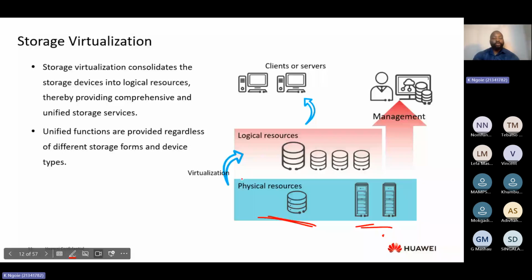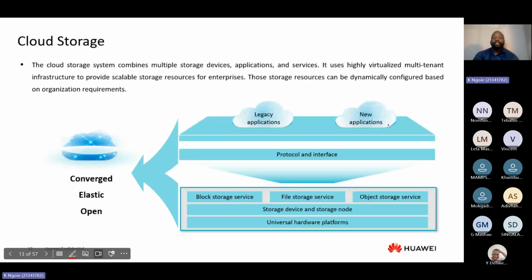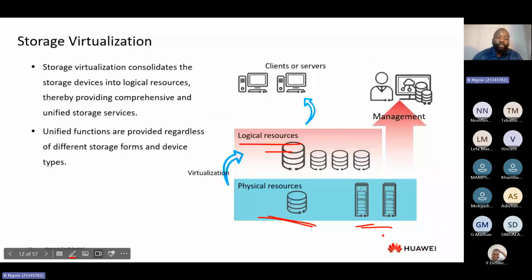So in order for us to have storage virtualization, we will have different types of cloud storage, obviously. Cloud storage is one type of storage. Instead of storing manually on your devices, we're going to take all the data and save it online.